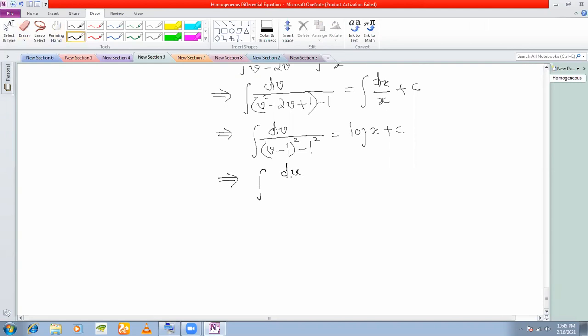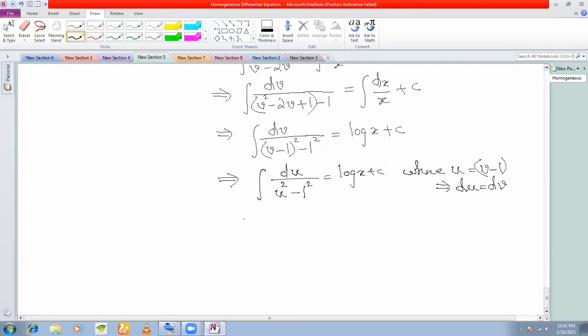You put u as v minus 1. You can write this as u square minus 1 square. du by u square minus 1 square is equal to log x plus c, so it is the method of substitution. Do you remember the method of substitution? Implies du is equal to dv, isn't it?